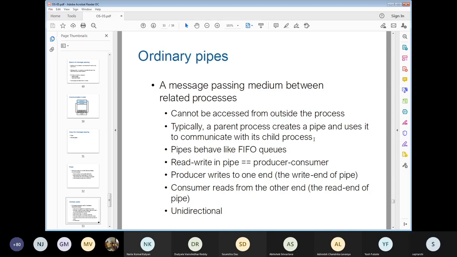This is usually unidirectional communication, meaning the parent wants to direct the child in doing some particular tasks. So a parent creates a pipe and then forks a child so that the child also gets access to that pipe, and then uses it to send messages to the child.